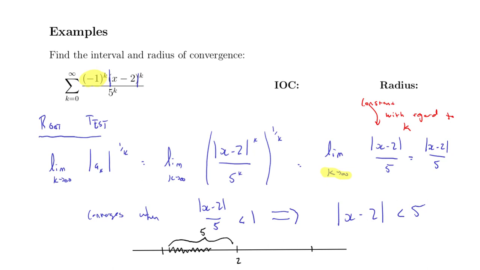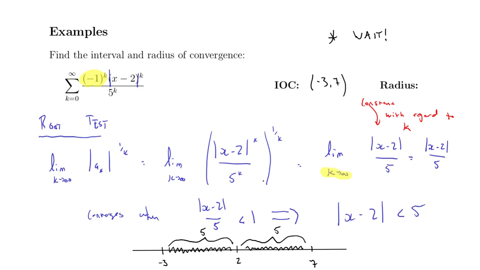I can take any x values here, and I can take any x values here. So you can see this is like 2 plus or minus 5. We go up to 7, and here we go, -3. So our interval of convergence, we might say, is -3 to 7. But we have to be careful about this. Wait.